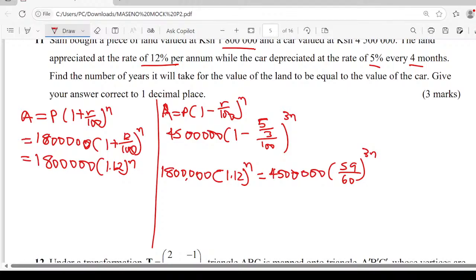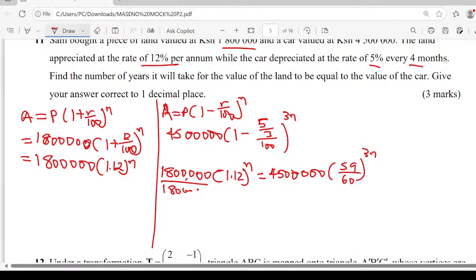So if that is the case, this can be written as, first I can decide to divide here by 1,800,000. Or do we have any other logic to implement here? Let me introduce logs. I want to introduce the concept of logs here.